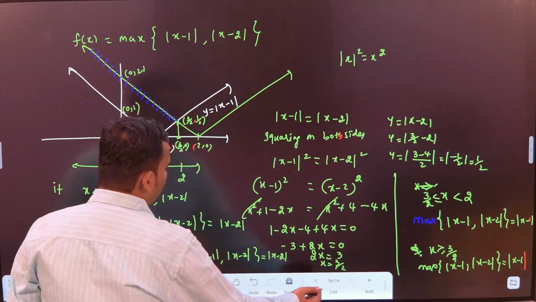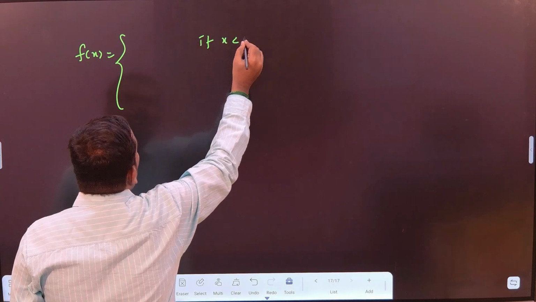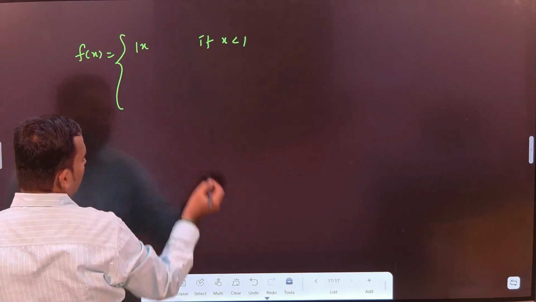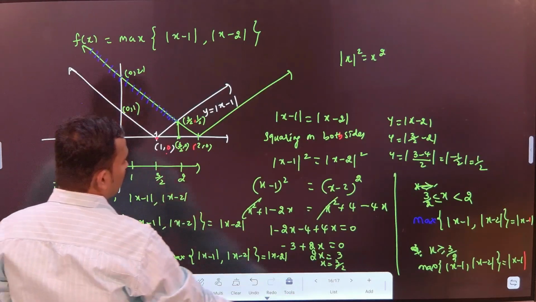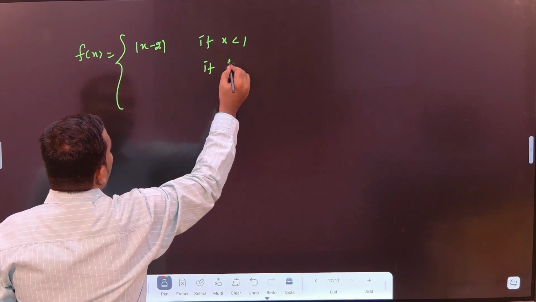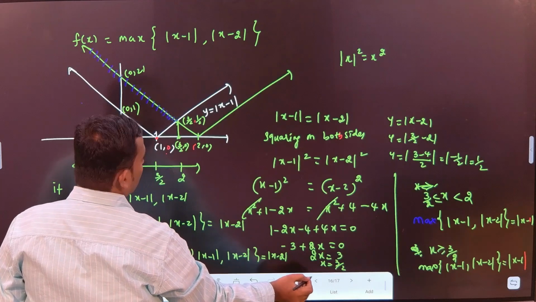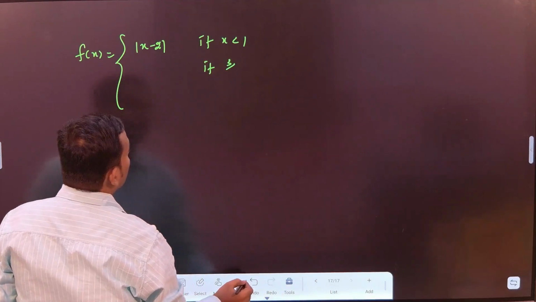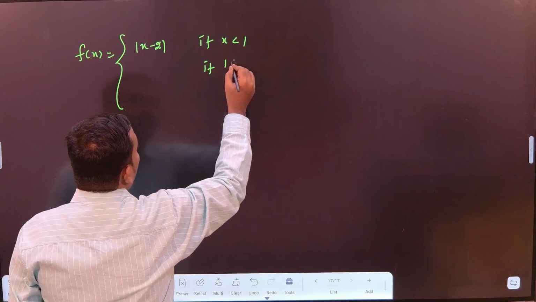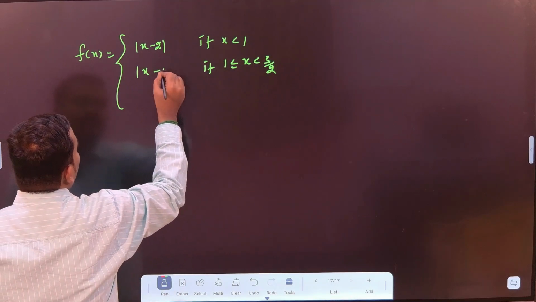Then you rewrite this function quickly. F of x equals, if x is less than 1, which is the maximum? Mod x minus 2, right? If x is 1 to 3 by 2, in this interval, mod x minus 2 only.